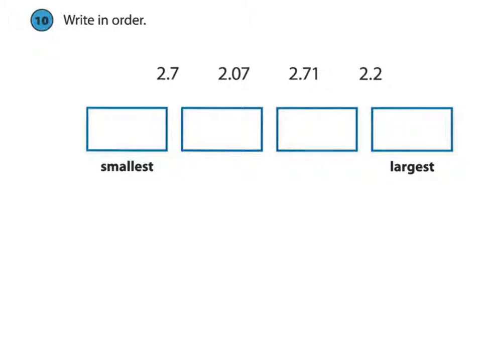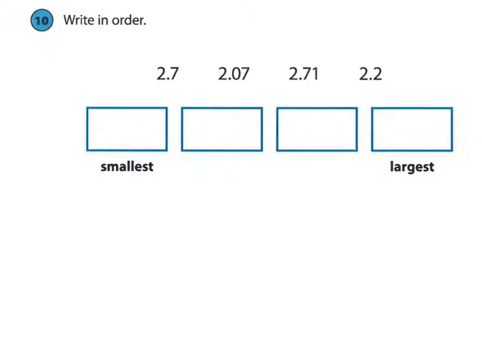Question 10. Write in order. So here we have some numbers that we're going to order from the smallest to the largest. The numbers we have are 2.7, 2.07, 2.71 and 2.2. The first thing I notice is some of them are one place decimals and some of them are two place decimals.